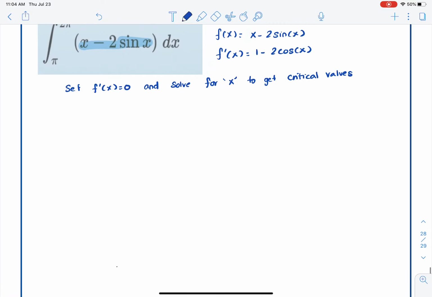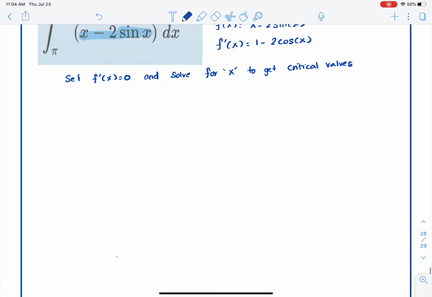Well, I could simply set 1 minus 2 cosine x equal to 0, which would imply minus 2 cosine x equals minus 1. 2 cosine x is equal to 1, which would imply cosine x is equal to 1 over 2.